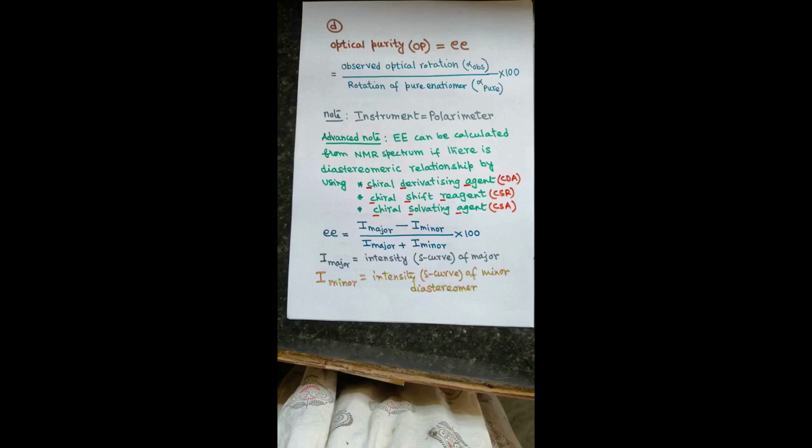And in that case, enantiomeric excess is equal to intensity major minus intensity minor divided by intensity major plus intensity minor into 100, where I stands for the intensity, means the height of the S curve of the NMR signal.